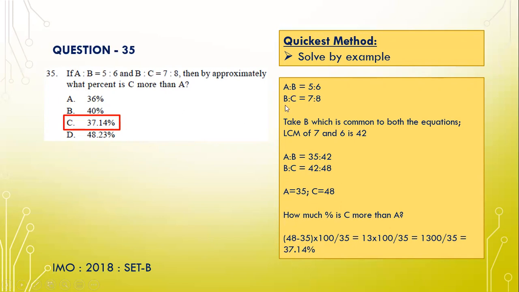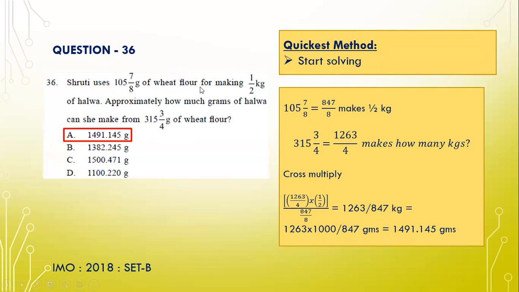Okay, a good question. Shruti uses 105 integer 7 upon 8 grams of wheat flour for making half kg of halwa. Approximately how many grams of halwa can she make from 315 integer 3 upon 4 grams of wheat flour?